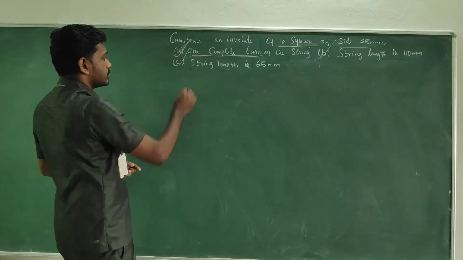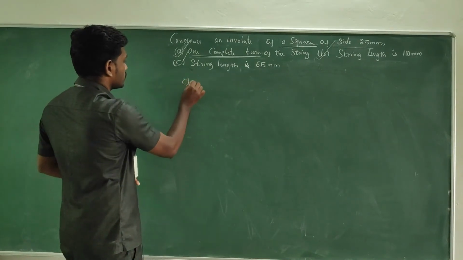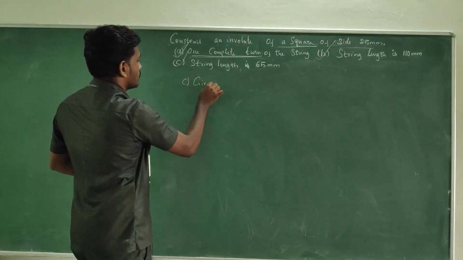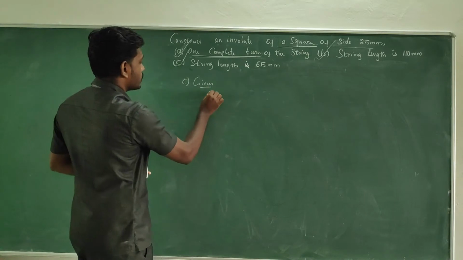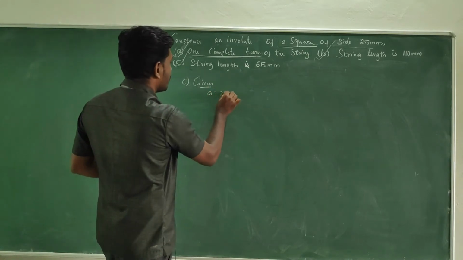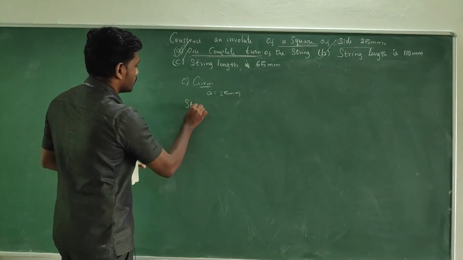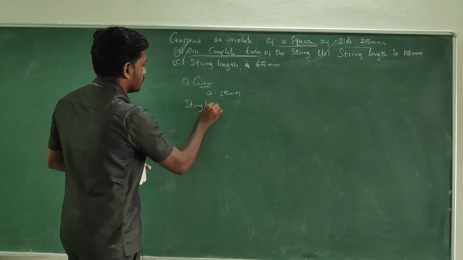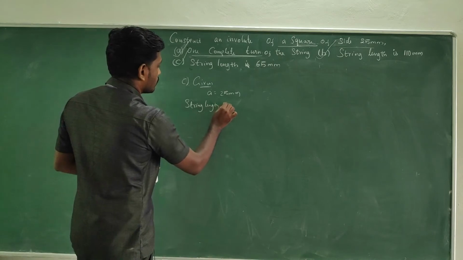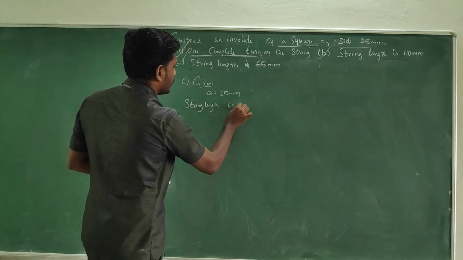So the third one. The square size remains the same, 25 mm, and the string length, 65, is given.